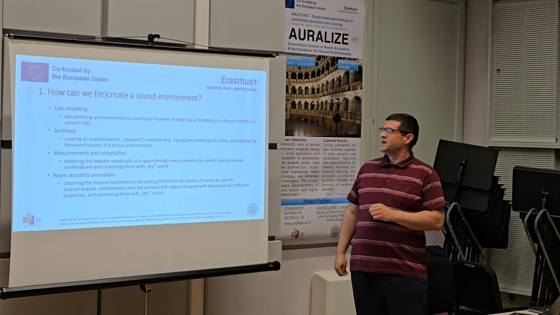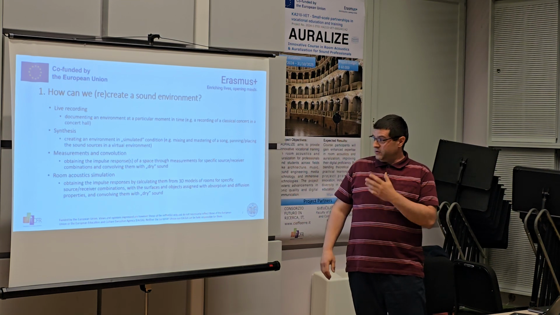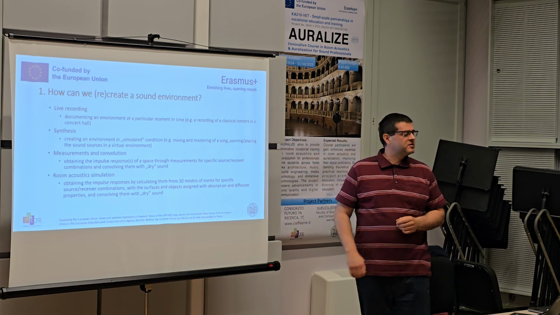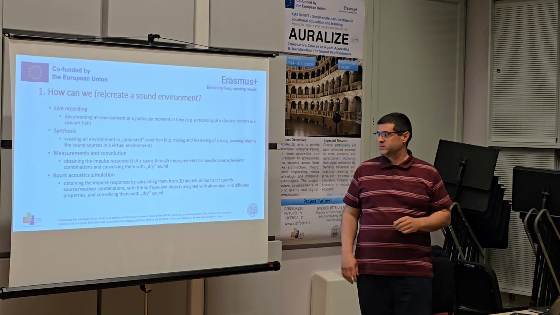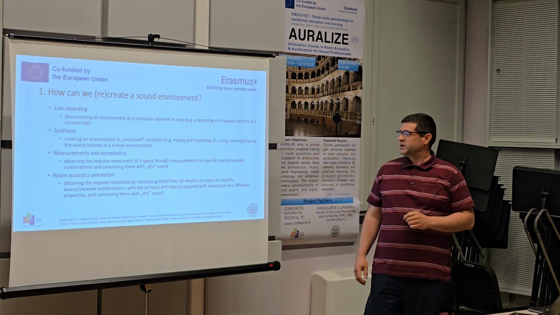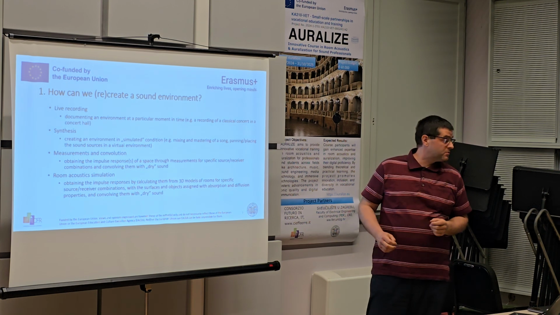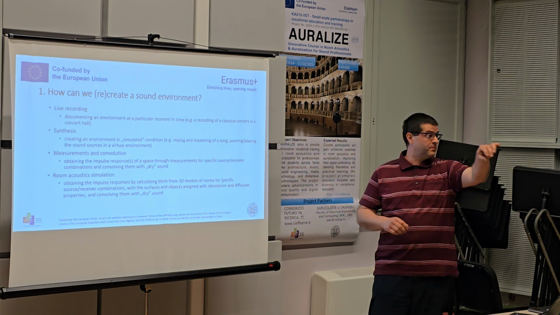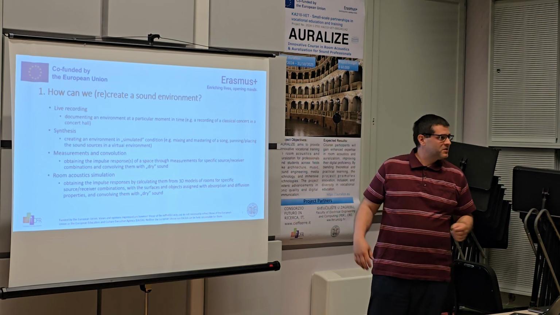This is the idea. And the fourth way, that is usually the most flexible one, is that you take a room, draw a 3D model of it, and do some acoustic simulations inside, and by that you can obtain an impulse response at any point in the audience area you choose.